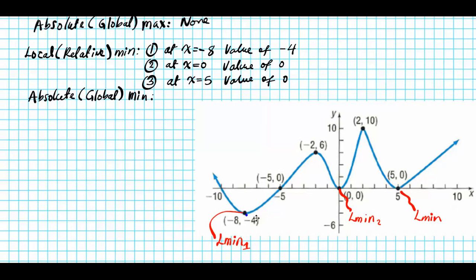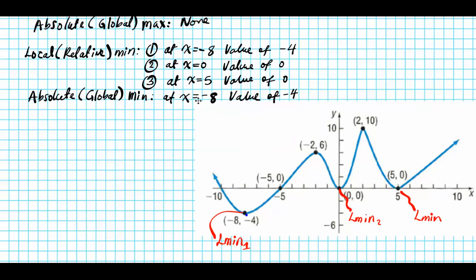So since this is the lowest of the lows, that is your absolute minimum because the function goes up to infinity in both directions. So we have an absolute minimum at x equals -8, and the value is -4.